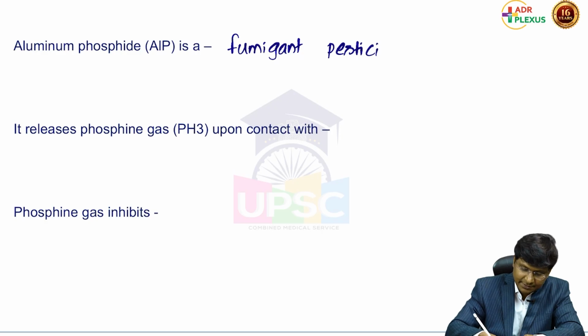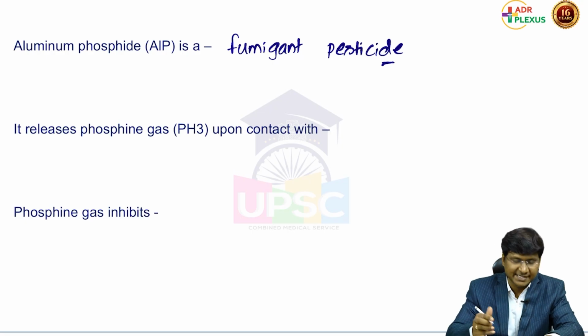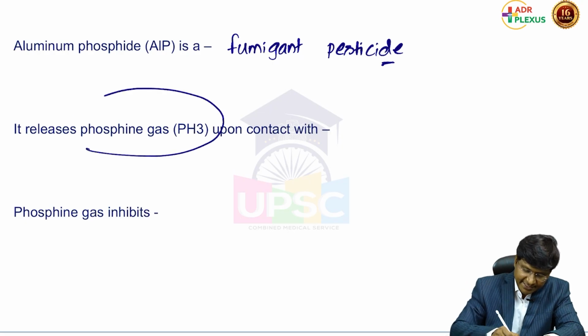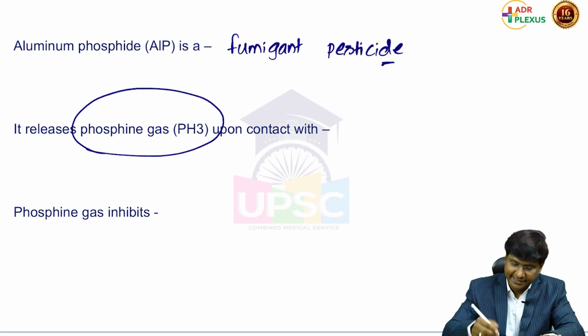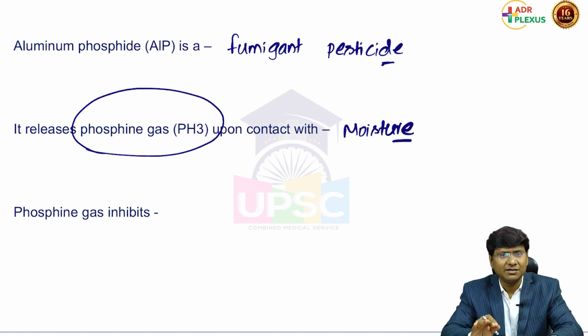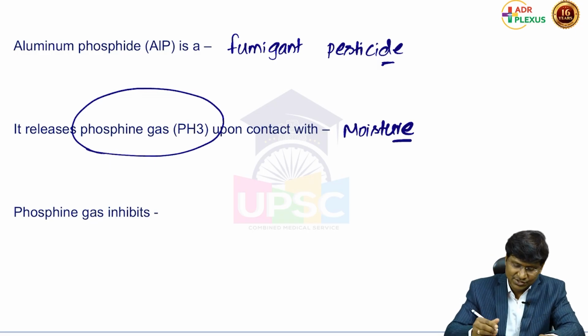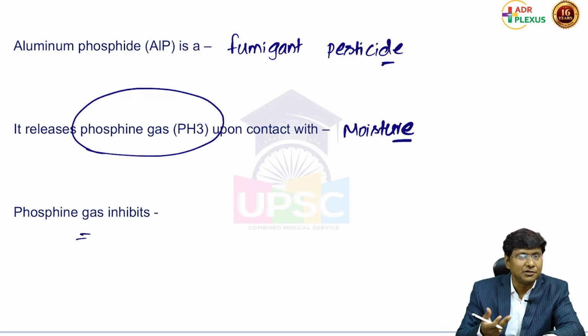Upon contact with moisture, the aluminium phosphide releases phosgene gas, and this phosgene gas is a highly toxic agent.